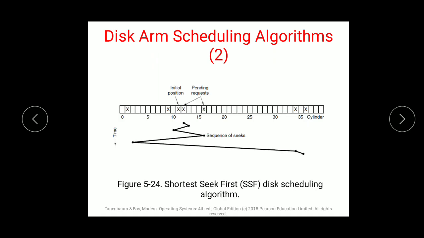Shortest seek first is also possible. Shortest seek first means whichever request is closest, complete that. Whichever is the shortest position over the cylinder, whose mean time is also minimum, we can go for that shortest seek time.